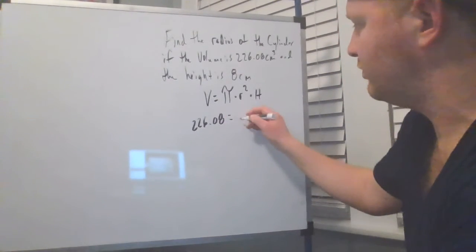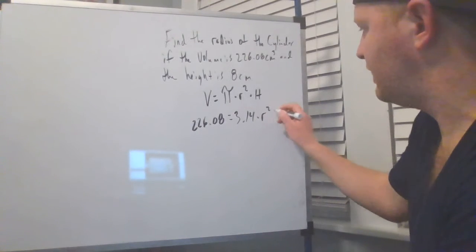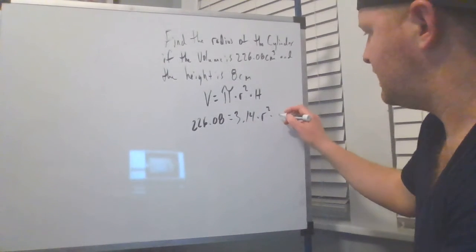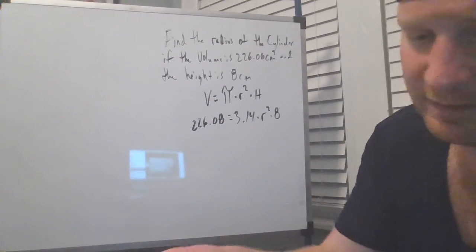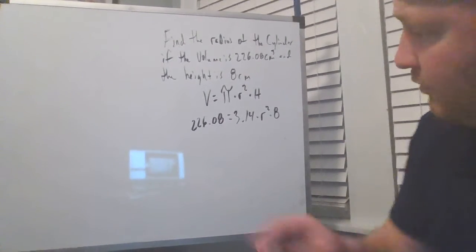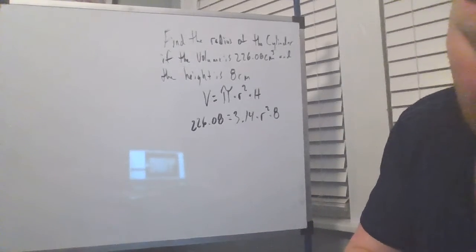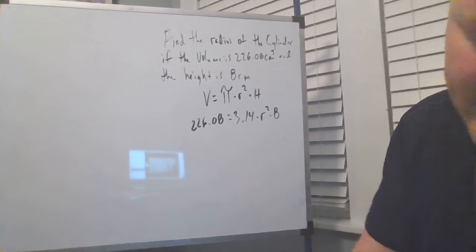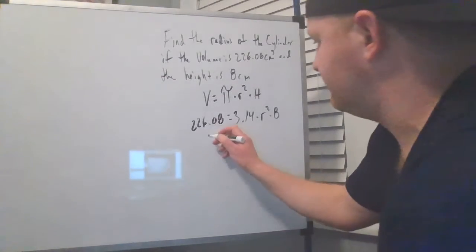226.08 equals, replace pi with 3.14, leave radius squared alone, times the height, which is 8. Now, because I got the commutative property, I'm allowed to multiply out of order because this whole side has been multiplied. So 3.14 times 8 is 25.12.